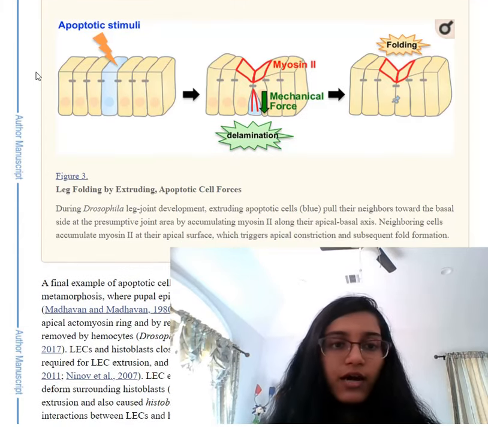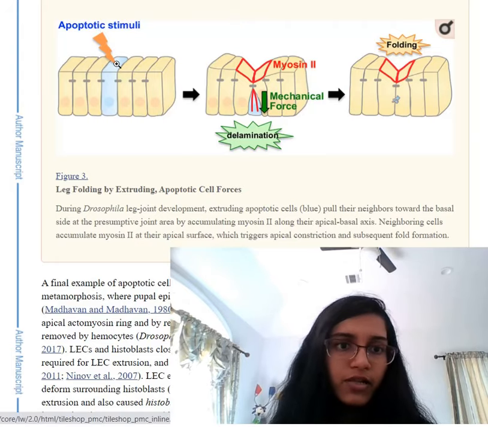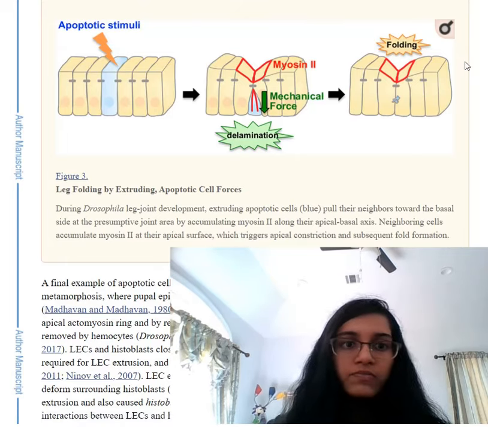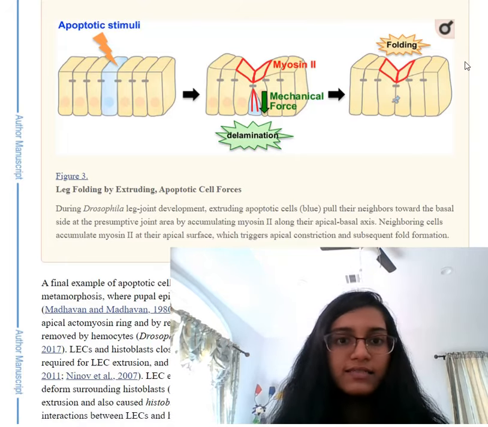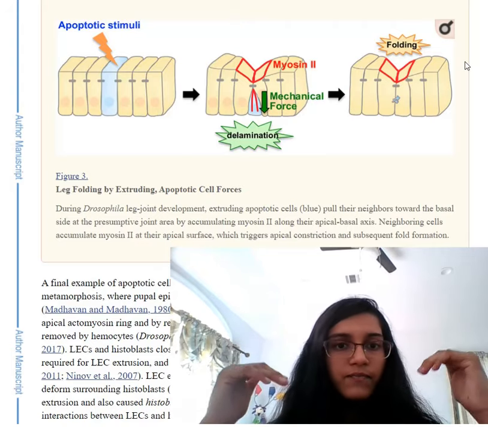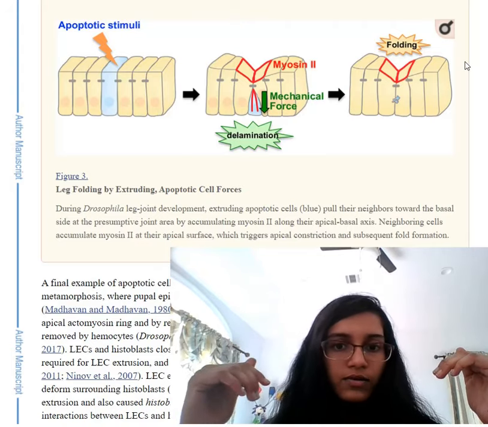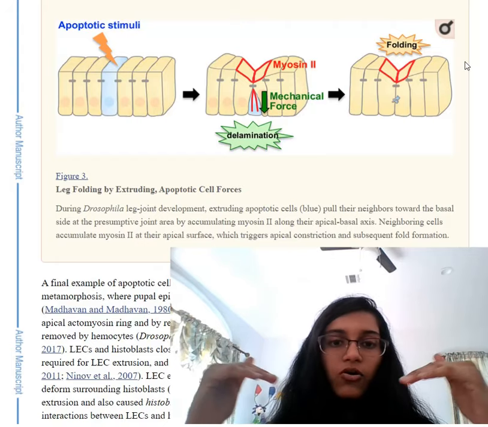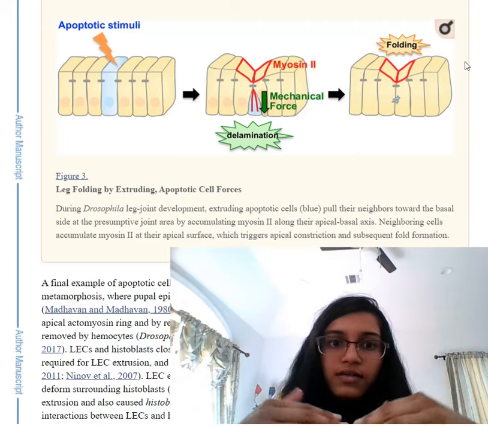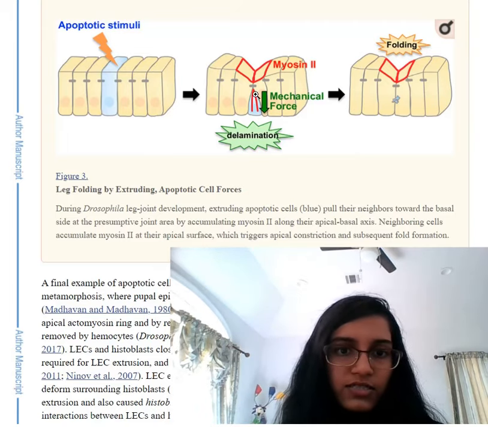Looking at this diagram, what we see immediately is that there is this apoptotic stimuli applied to this one cell. It's highlighted there in blue, and that causes this buildup of myosin on this apical basal axis on the neighboring cells. And you can still kind of see the blue cell over there.